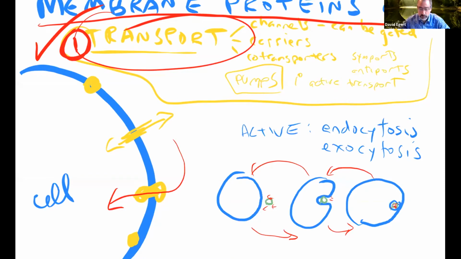So 1, transport. 2, what's the other one? Structural. So I'm going to say, kind of cytoskeletal attachment.